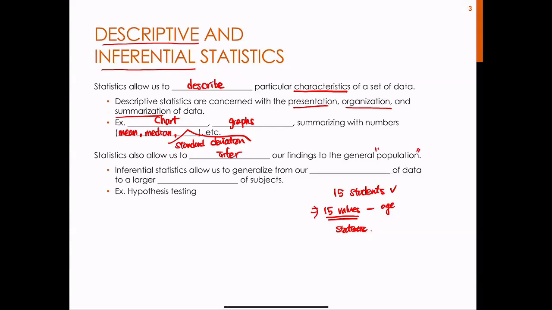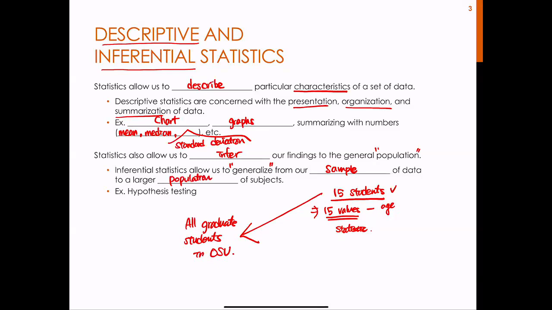So we can say our 15 students in this class represent a bigger population of all graduate students in OSU, right? So inferential statistics allow us to generalize from our sample of data to a larger population of subjects.